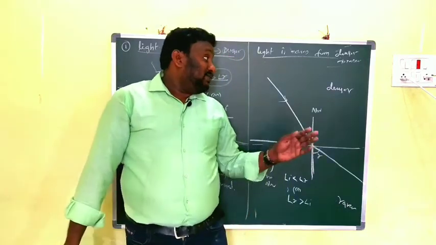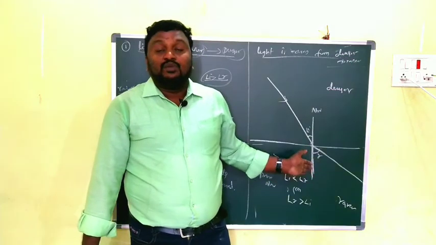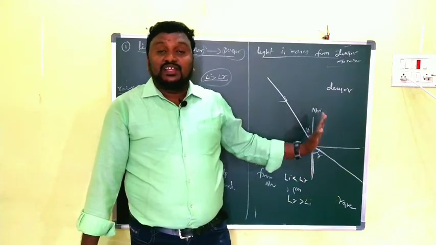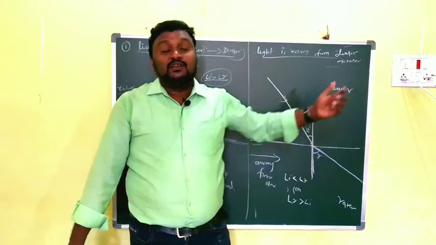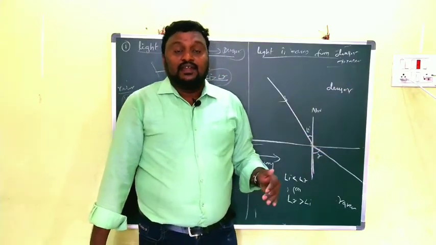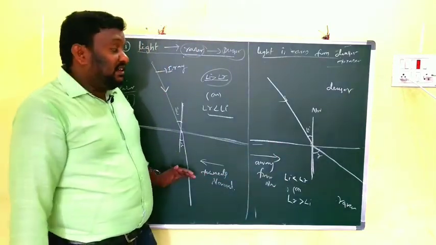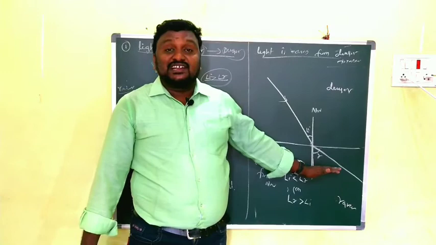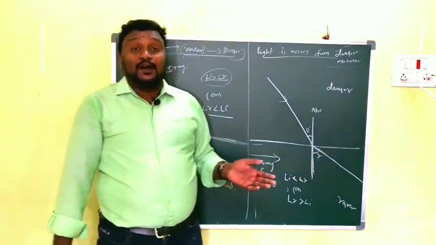So when the light is moving from denser medium to the rarer medium, the refracted ray moves away from the normal, and when it is going from rarer to denser, it moves towards the normal. In this case, angle of R is greater than angle of I. In the other case, angle of I is greater than angle of R.